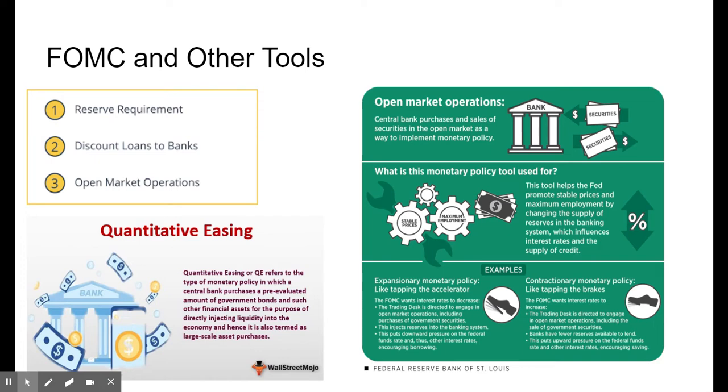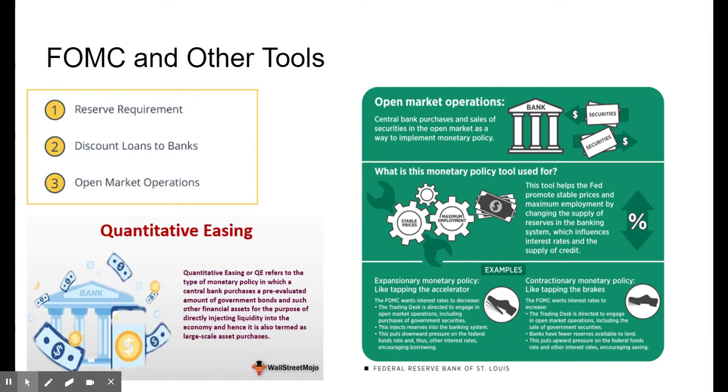So the trading desk is directed to engage in open market operations, including the purchase of government securities. So when they buy bonds from banks, they're taking the bonds from the bank and giving them cash. And with more cash on hand, the banks can then turn around and expand their own loaning out to people to buy cars and houses and for businesses to expand or buy property or capital, such as tools.